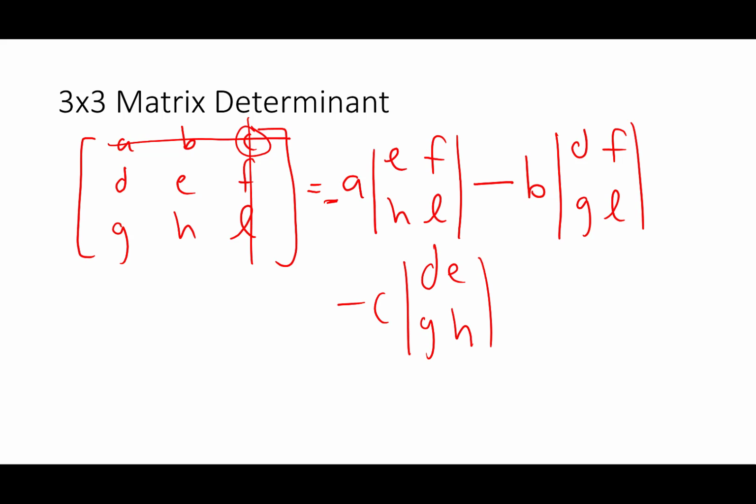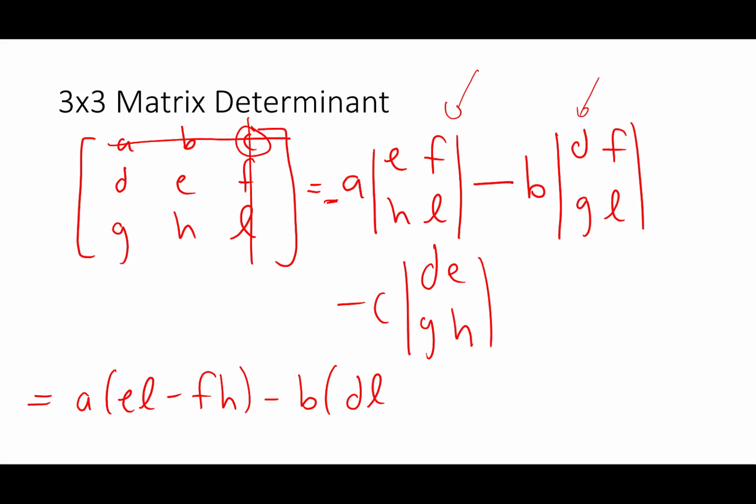And then, using what we know about 2 by 2 determinants, this becomes A times EL minus FH, minus B times DL minus FG, plus C times DH minus EG. That should be a plus there.